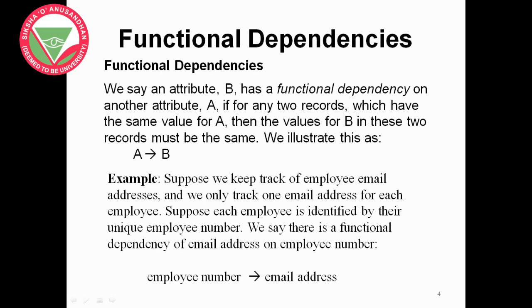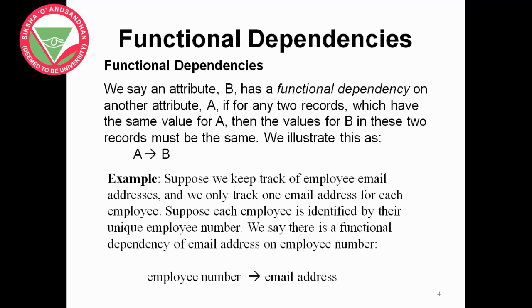So a primary key is generally used to uniquely identify a tuple, and which means that here the attribute A determines attribute B, or we can say that B is functionally dependent on attribute A.